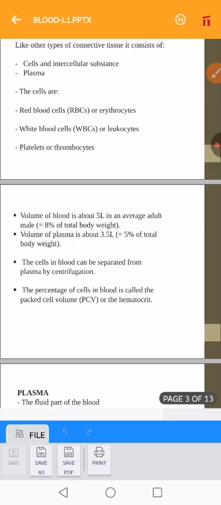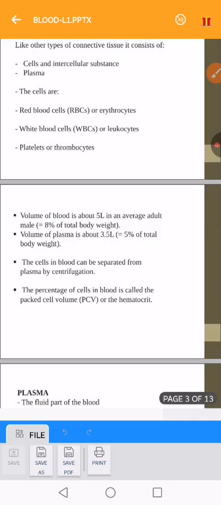The cells in the blood can be separated from the plasma by centrifugation. What is centrifugation? Centrifugation is the device used to separate the plasma from the cells. Because, as we said, the blood contains plasma and cells. So when we need to separate blood into cells and plasma, we use centrifugation.